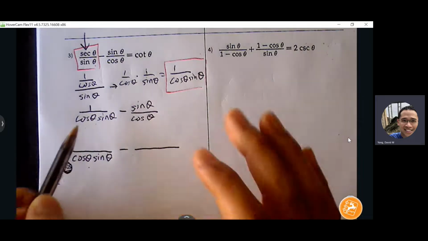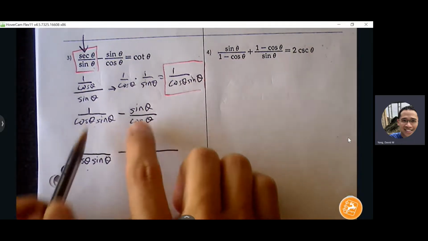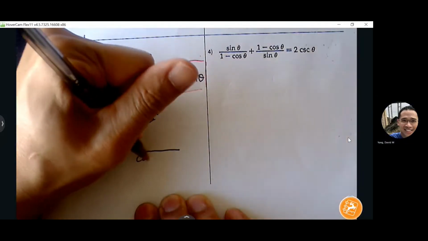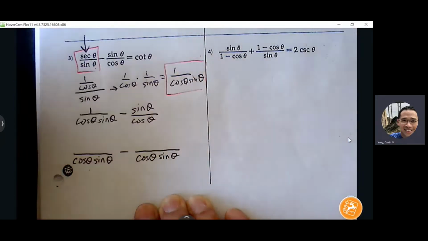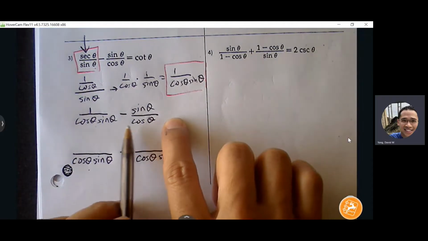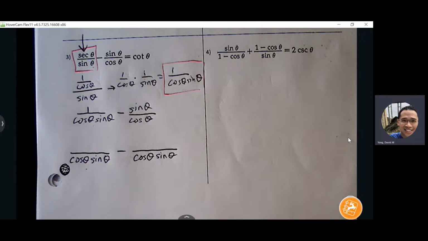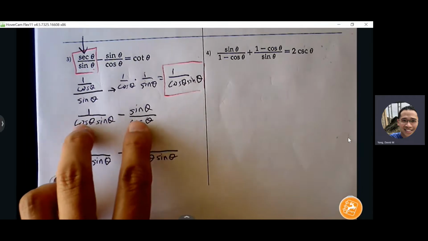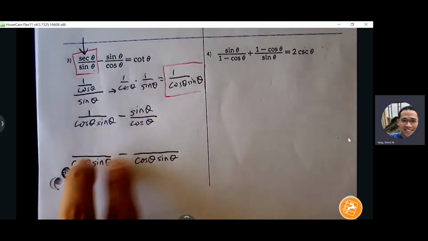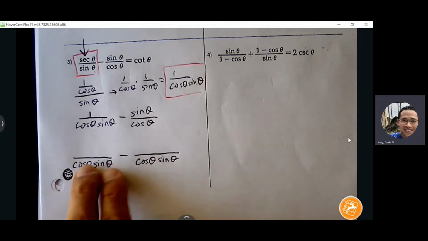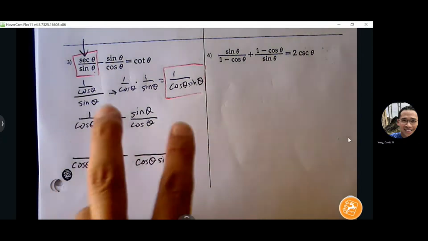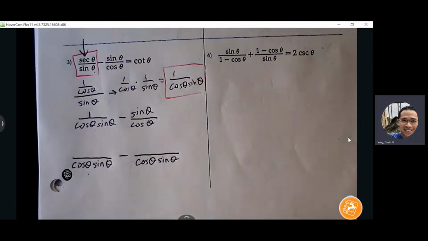So we don't need more, because these are duplicates. If this was like cosine theta minus 1, that's completely different, and we'd have to create two completely separate denominators. But here, because these are both in a sense shared, we don't need as much. If you did cosine squared sine, eventually it'll still work out, but you've got to do some cleanup down the road. So we just need something large enough that both can individually be a part of.